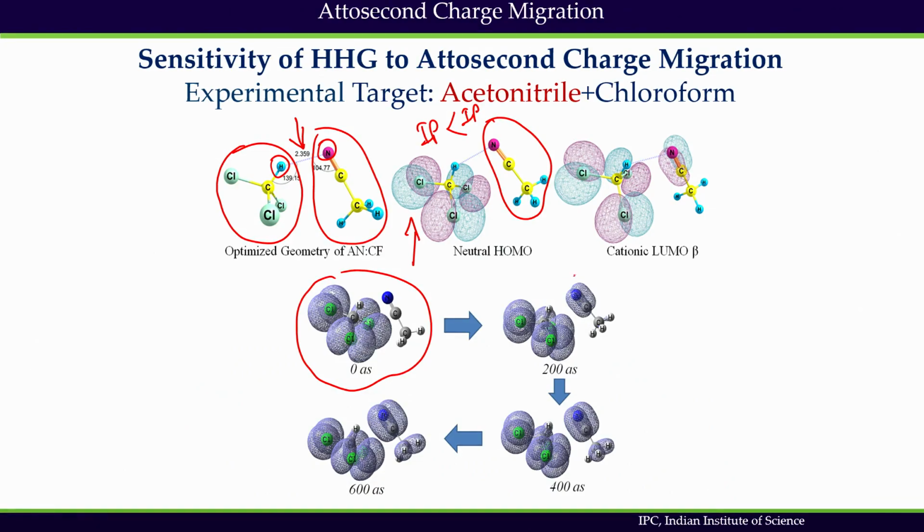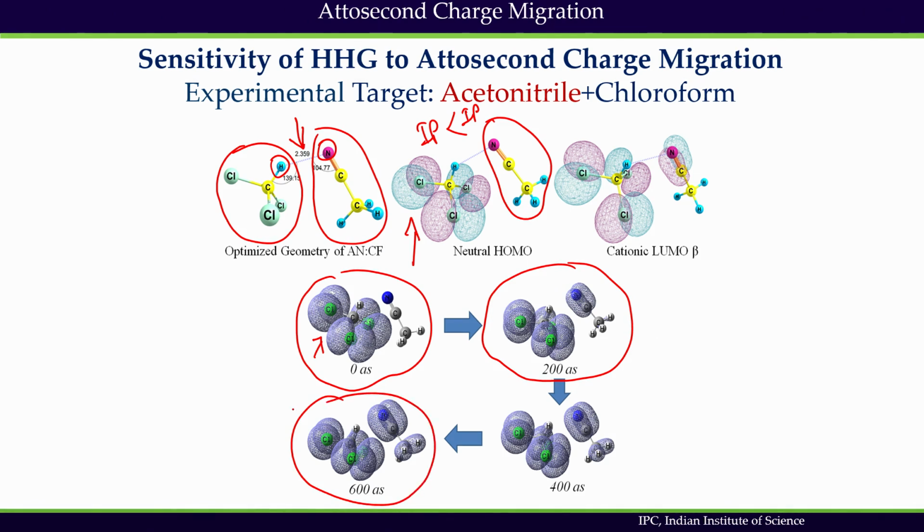During this reorganization, I can have charge migration. The whole charge which I created only in the chloroform moiety is moving towards the acetonitrile moiety in 200 attoseconds. And if we look at 600 attoseconds, it is actually the maximum change we see.